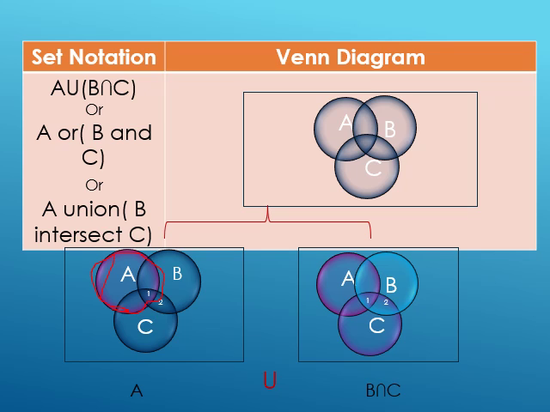This is A. The next section is B intersection C. It means that you're going to take the common area of B and C, and you can observe this area where I write 1 and 2. This area is common in B and C.